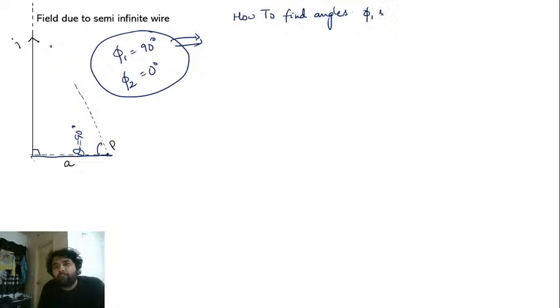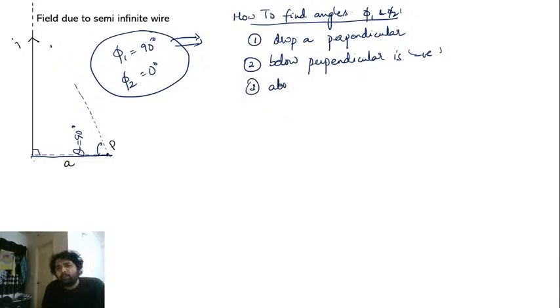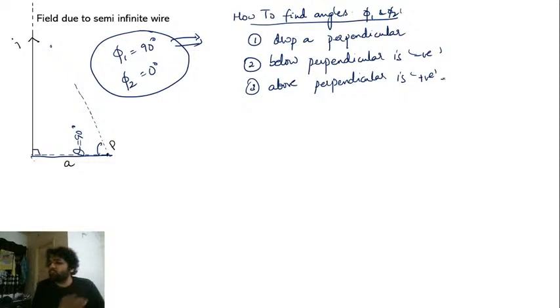Angles phi 1 and phi 2. First step is drop a perpendicular. Next, below perpendicular is negative, and above perpendicular is positive. बस और कुछ जरूरत नहीं है.